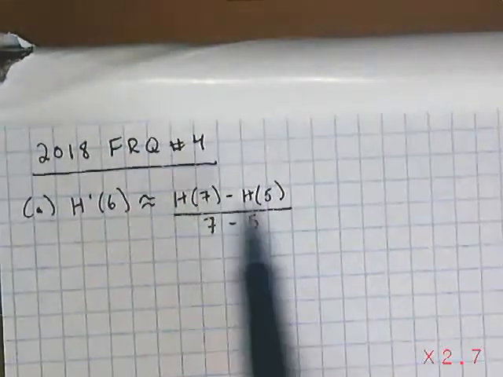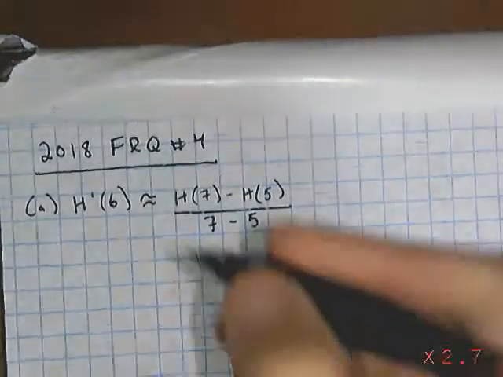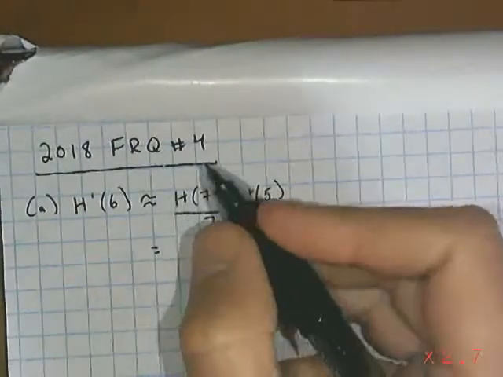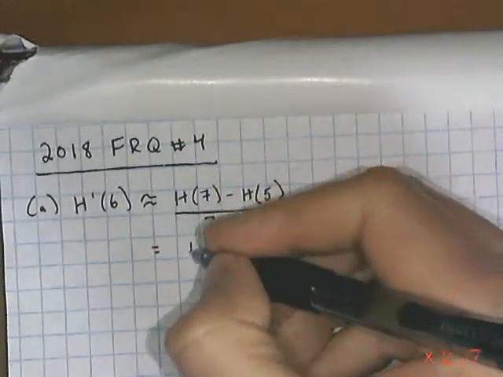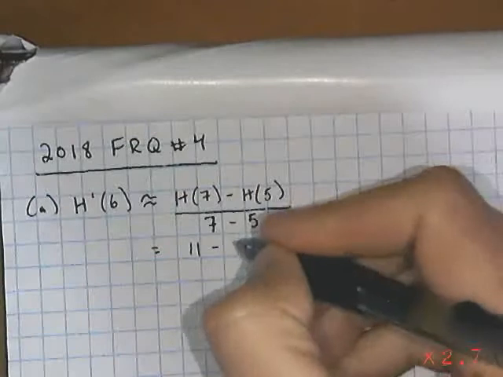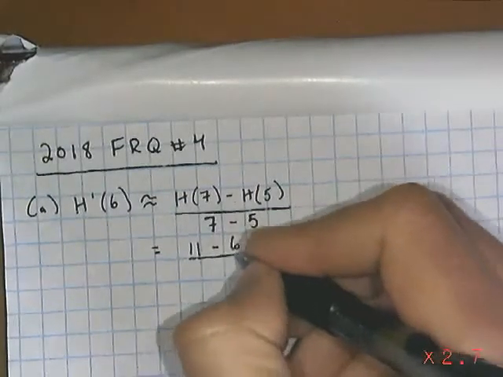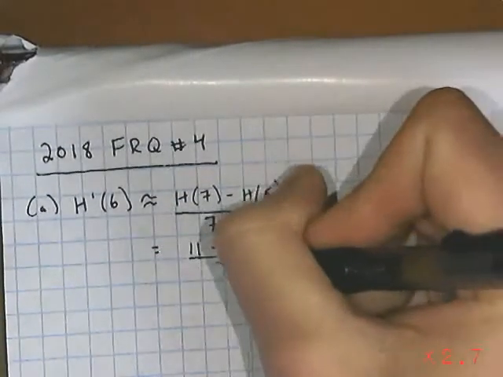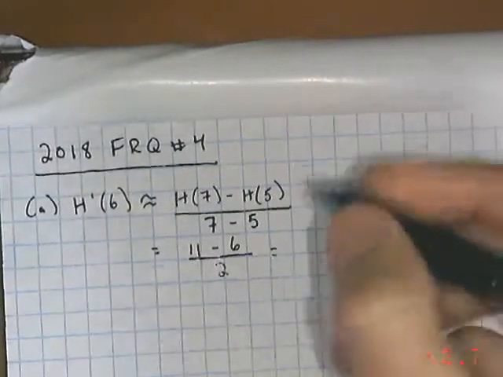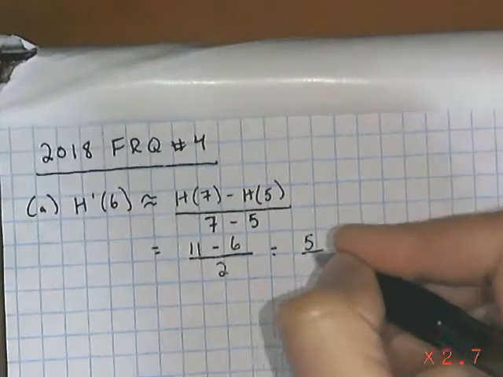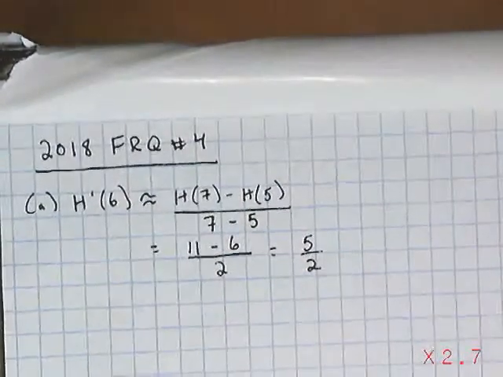We can pull these function values from our table and get that h of 7 is 11, h of 5 is 6, 7 minus 5 is 2. So our approximation is 5/2.